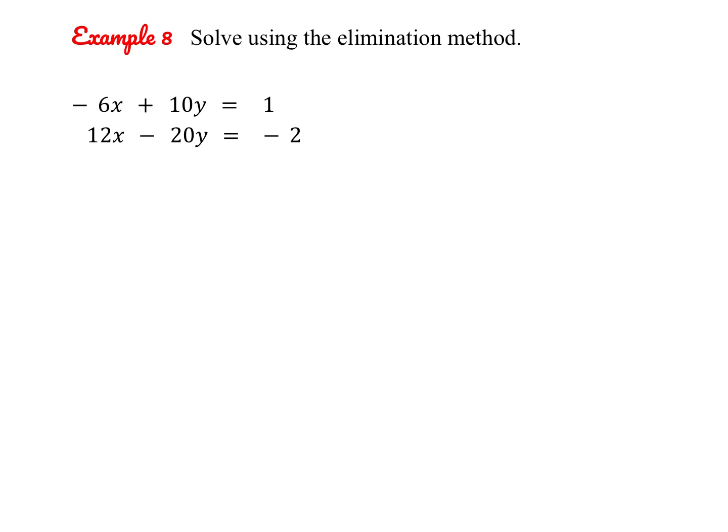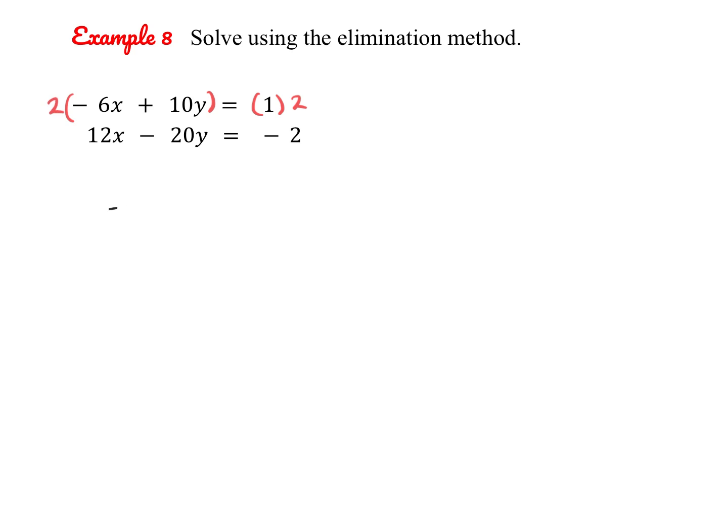All right, let's try another one together. So here I could eliminate my x's by making it negative 12x and positive 12x. Could also eliminate my y's by making it positive 20y, negative 20y. Let's say this time my goal is to eliminate my y's. So I'm going to multiply my top equation by 2 on both sides.